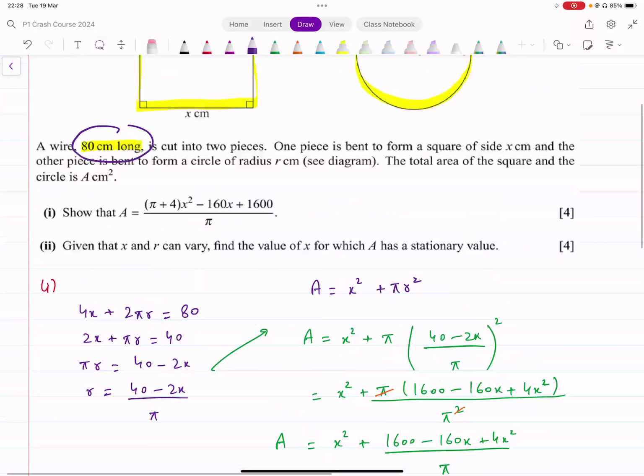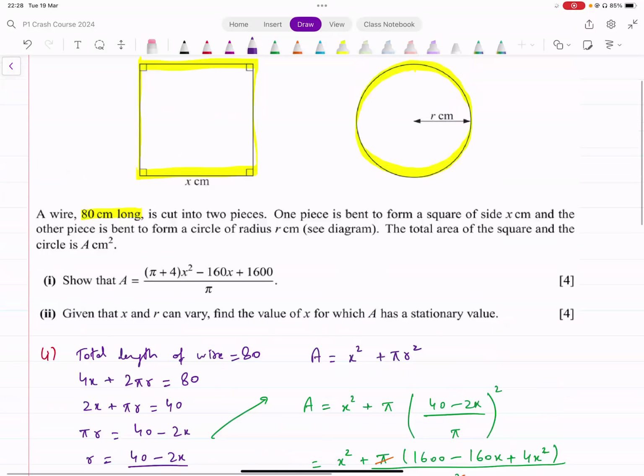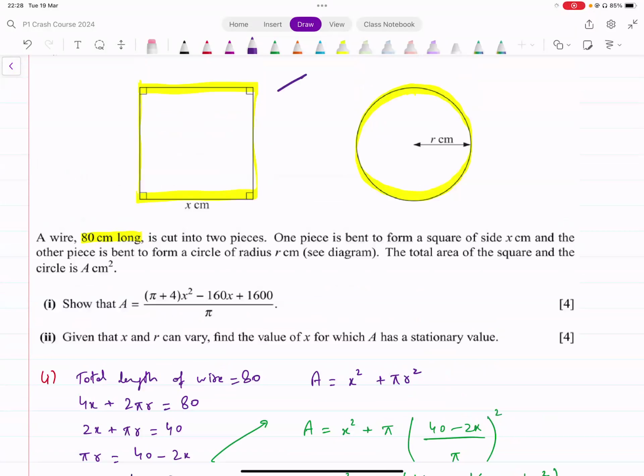It says the total length of the wire is 80 centimeters, right? Total length of the wire, that is 80 centimeters. Now, we have made two shapes using that wire. One is this shape, a square, and the other is this circle. The perimeter of each of these two shapes is basically made from that wire.